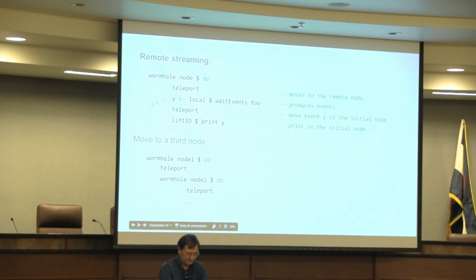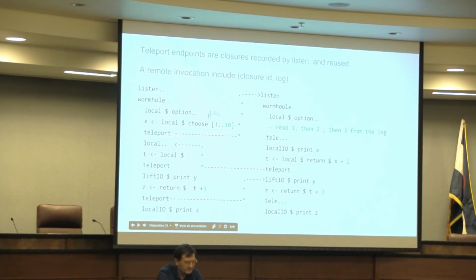We can also, in this example, send a stream of values, because we have a choose here, which generates 10 threads. The 10 threads are forwarded to the remote node. The remote node calculates a value for each value entered, and so there is a stream going in both directions, a stream of values.